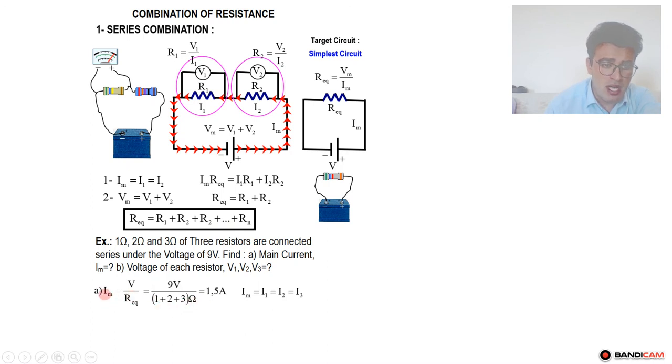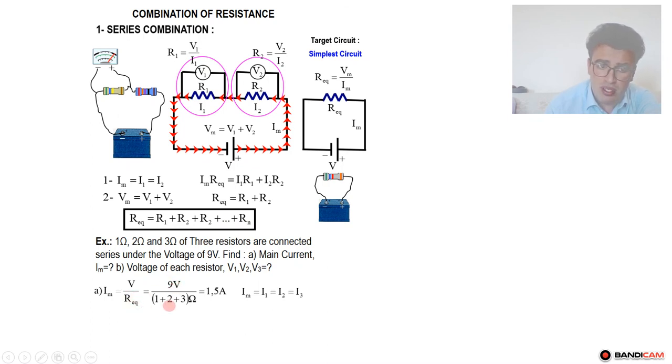For example, if you want to find the main current, Im is equal to the potential difference divided by R equivalent, according to Ohm's law. Now, we have the potential difference for the total circuit, 9 volts.